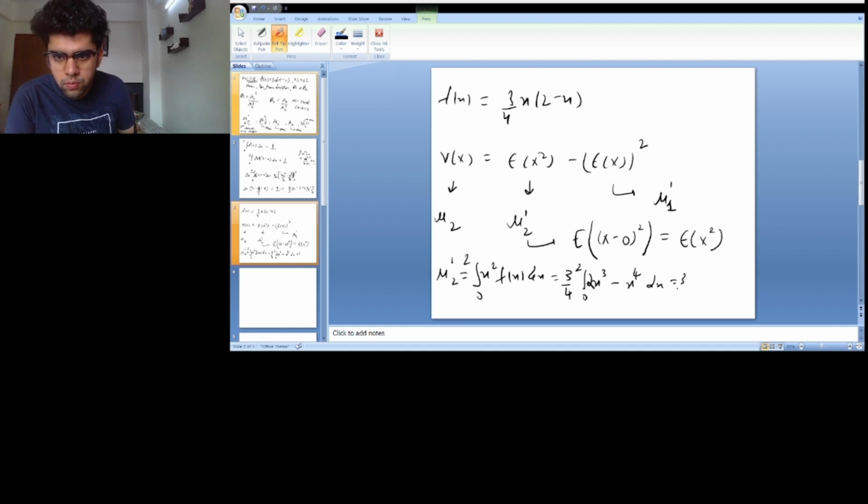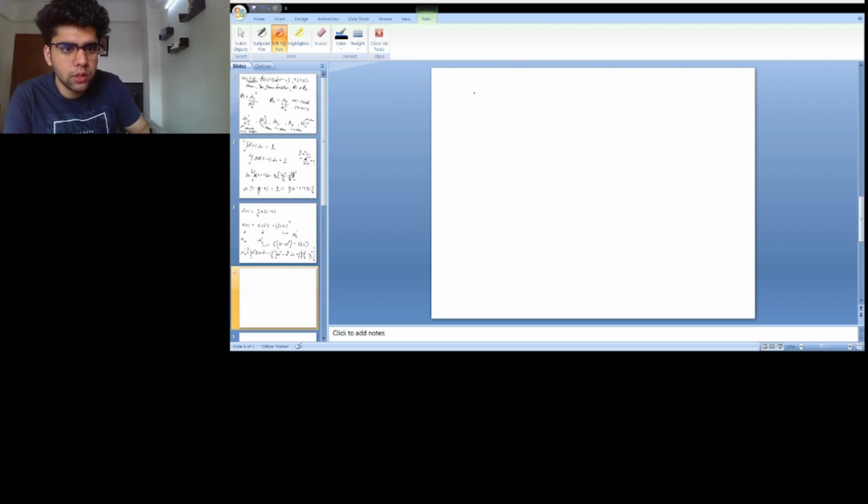So this will be ultimately 2x cube divided by 3... sorry, 2x to the power 4 divided by 4 minus x to the power 5 by 5. I'll use this expression and just put in the limits. So this was 3 by 4 again.